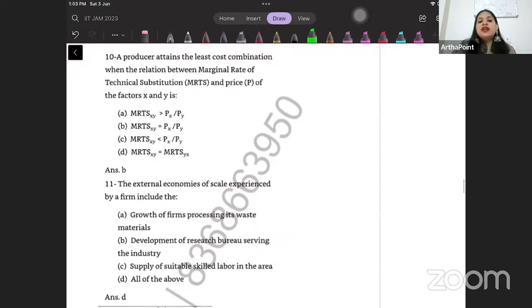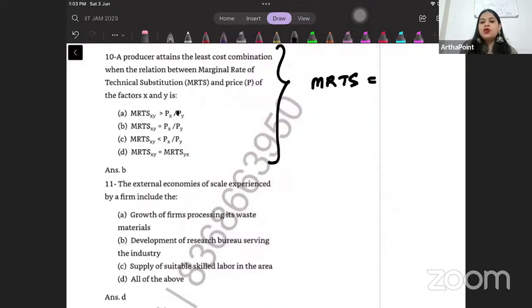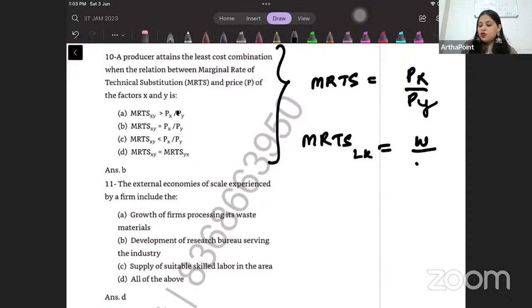A producer attains the least cost combination. Everyone knows. Equilibrium in production is attained when MRTS is equal to the ratio of the input prices. In books, MRTS is written as ratio of w to r.